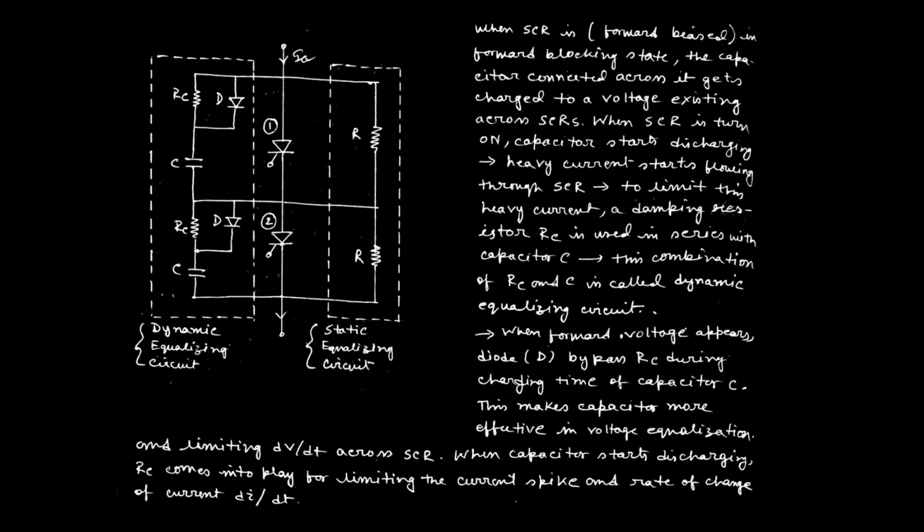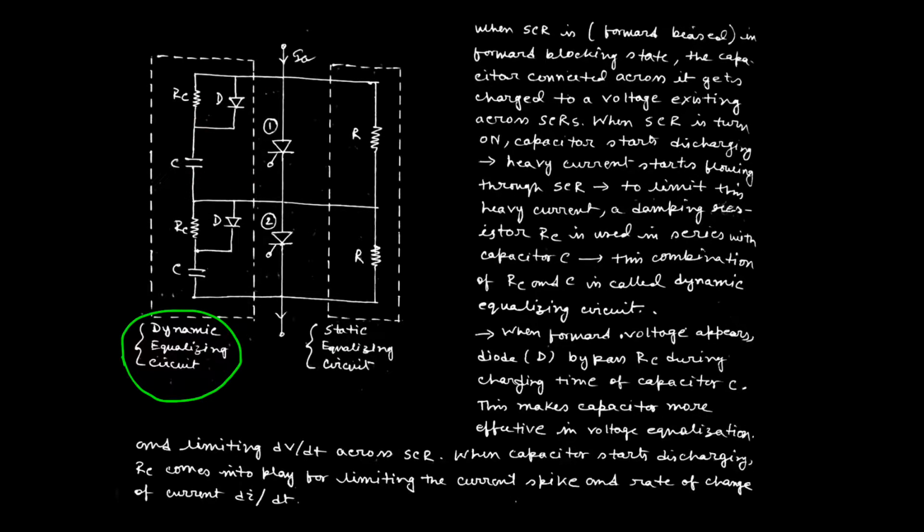So this design is called the dynamic equalizing circuit. That is very important. By using this dynamic equalizing circuit, as the parallel-connected capacitor is there, it can dilute the internal capacitance effect of the SCR, and the voltage will be equally distributed during the turn-on process.